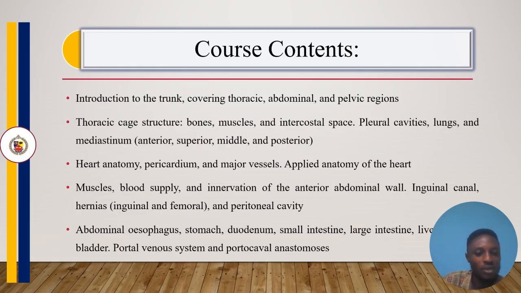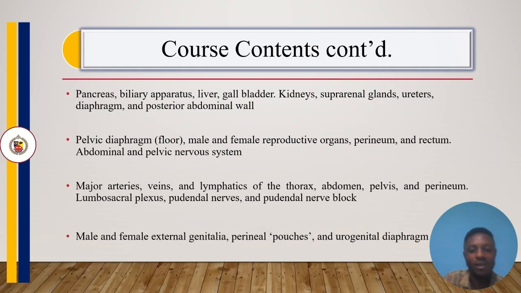We also have the abdominal esophagus, stomach, duodenum, small intestine, large intestine, liver, and bladder; the portal venous system and portocaval anastomosis; pancreas, biliary apparatus, liver, gallbladder, kidneys, suprarenal gland, ureters, diaphragm, and posterior abdominal wall; and the pelvic diaphragm, which includes the male and female reproductive organs.